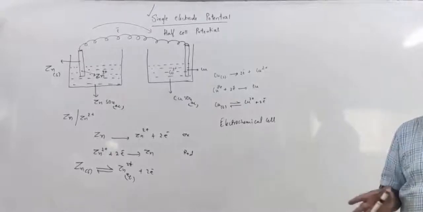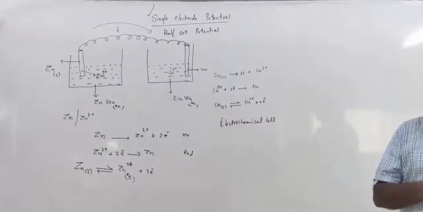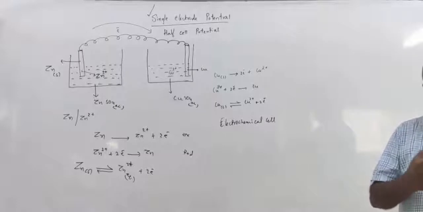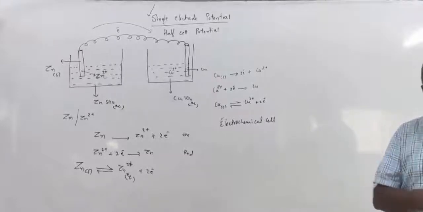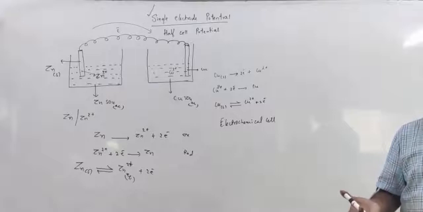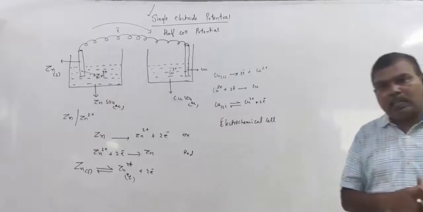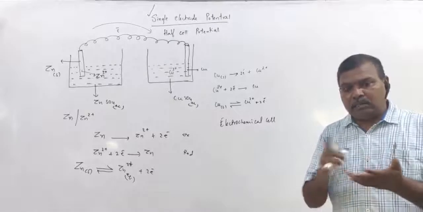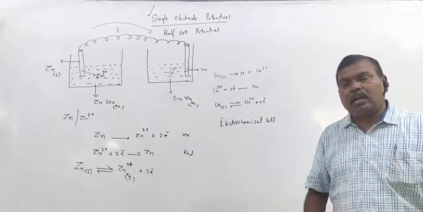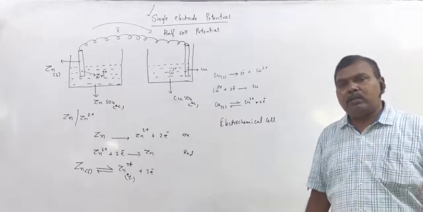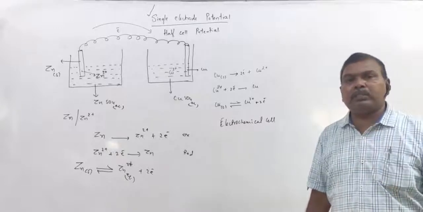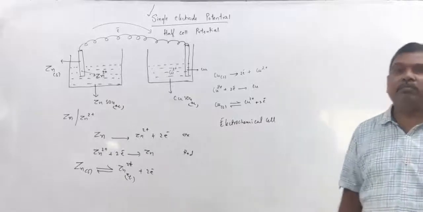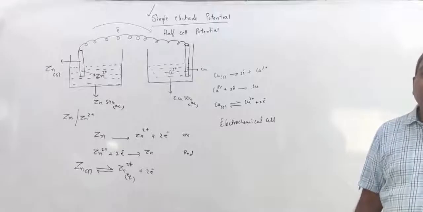Any two half cells, for example hydrogen gas in contact with H+ ions, connected to silver in contact with Ag+ ions, becomes an electrochemical cell.